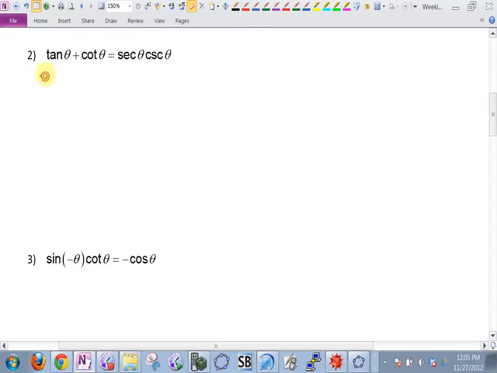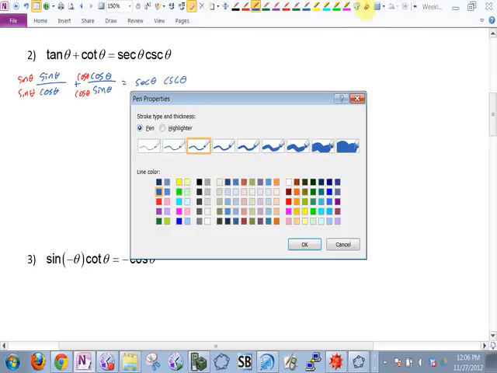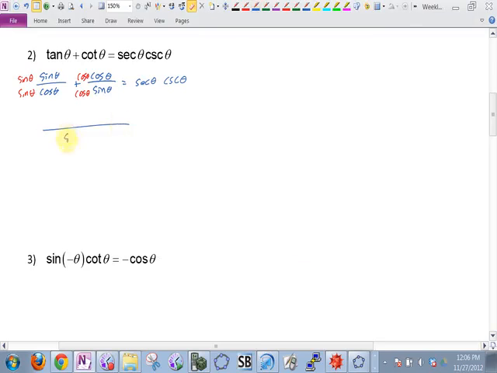Let's look at number 2. We have sine theta over cosine theta plus cosine theta over sine theta. If we get a common denominator, multiply top and bottom of the left fraction by sine and top and bottom of the right fraction by cosine, we end up with a common denominator of sine cosine, and the top is sine squared plus cosine squared.